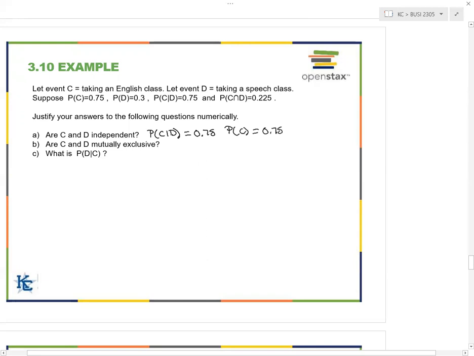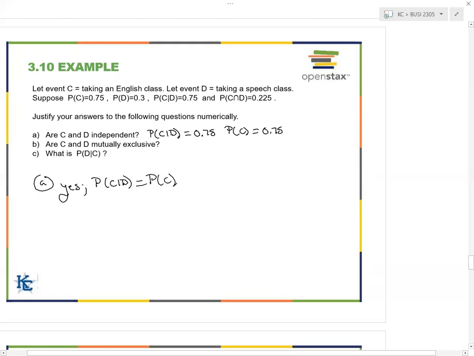So yes, because it falls under the conditional probability rule. So A is yes. And we represent that mathematically by saying that the probability of C given D equals the probability of C.